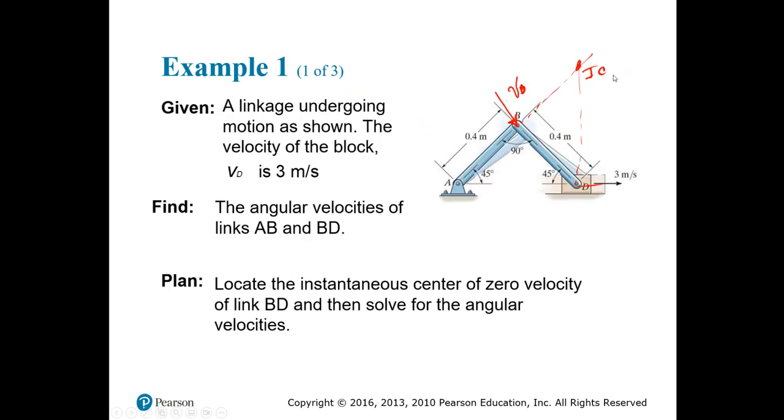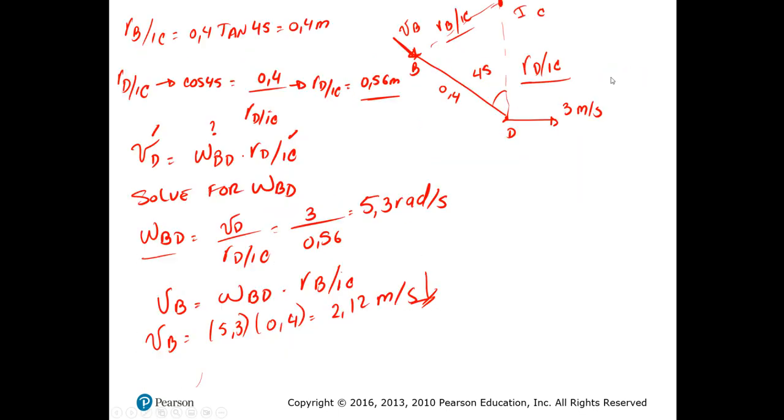And that's what I'll do. I will take that value and plug it into a new equation. So VB is equal to omega AB times the distance AB. Okay, and I already have VB, so I will basically solve omega AB as VB over RAB.